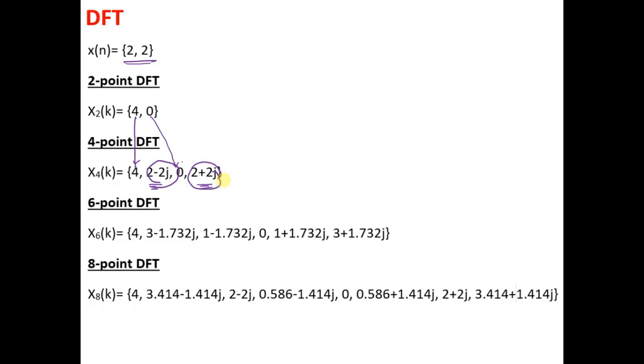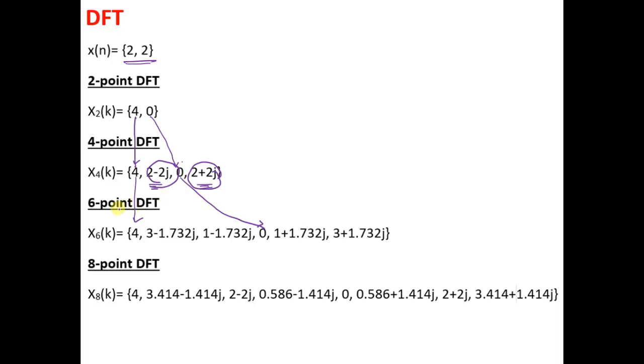Okay. In the next point, what is happening? It gets very interesting over here. If you see, 4 and 0 are there, but not the other points. Now, why is this so? If you are not able to answer, that means whatever I have taught, you have not followed properly.